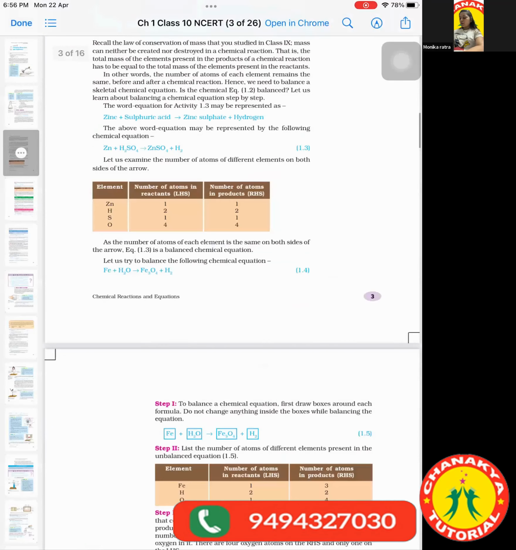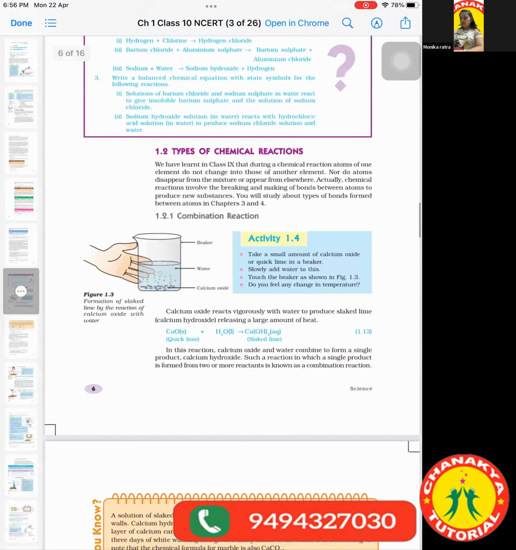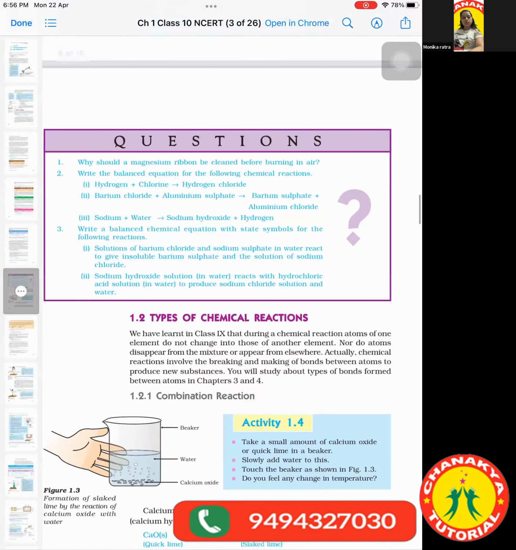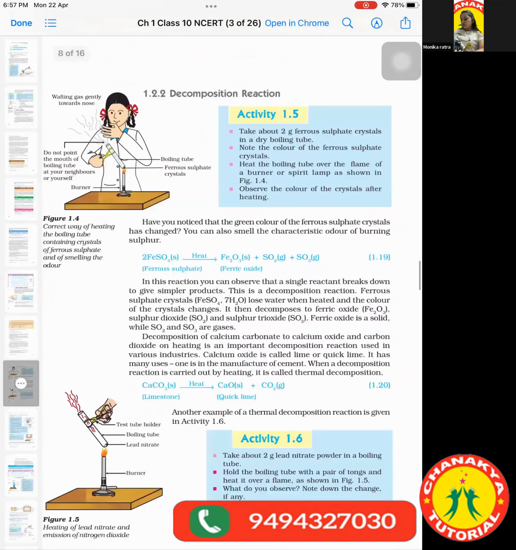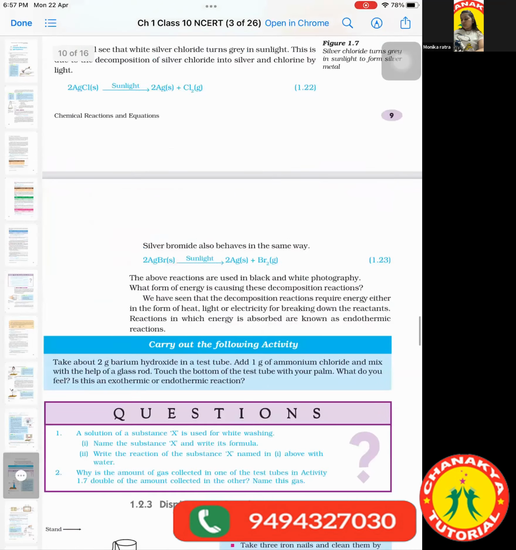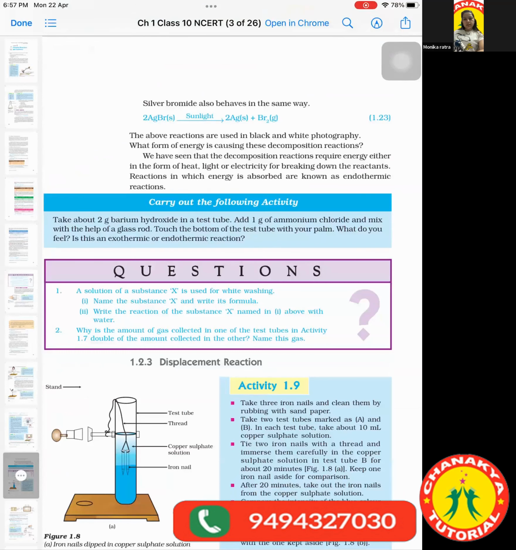So children, as per my memory, we have already discussed these questions. Did we discuss all these questions? Because during the balancing of the equations, I discussed all these, right? Then let us come to the next type of questions. This also, as far as I remember, I discussed.